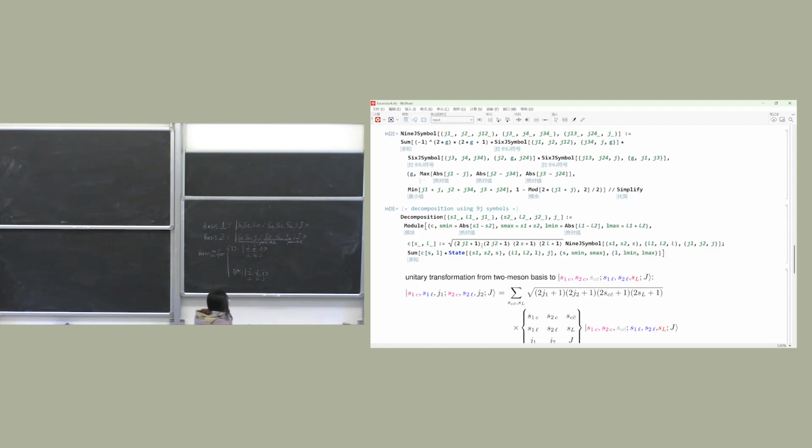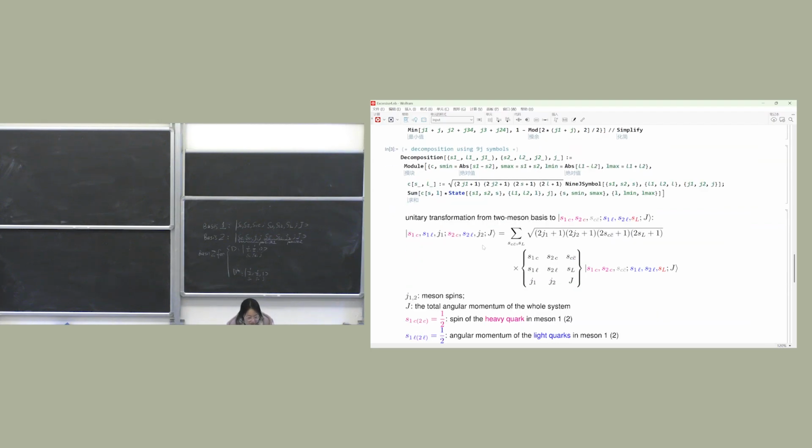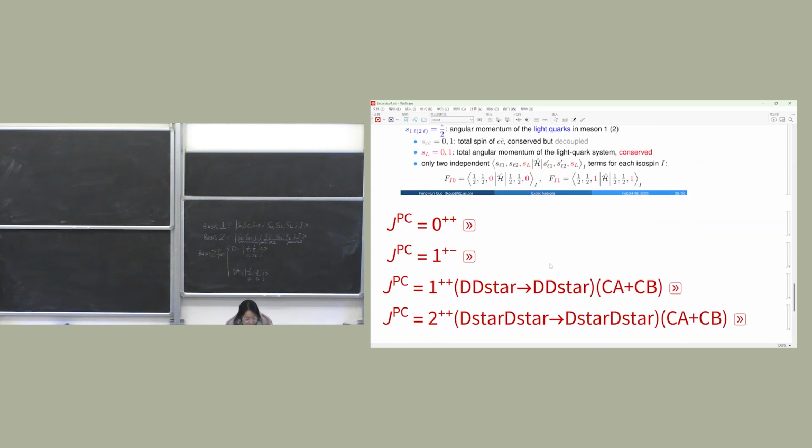So what we want to do is basically just to represent one basis in another basis. This decomposition just tells us this, under this formulation. Then as a basic example, let's focus on the first one, the 0++ GPC.